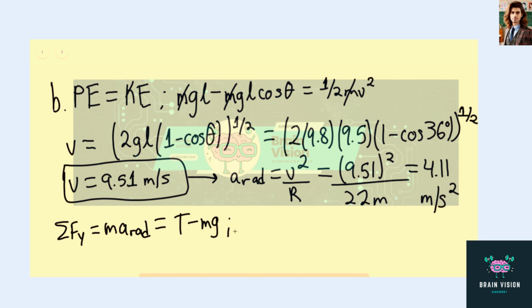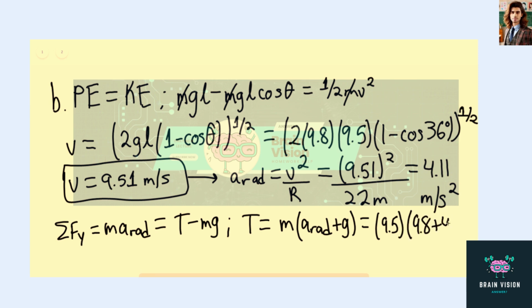And then we can say that tension is simply going to be equal to the mass times the radial acceleration plus gravity. So this is going to be 9.5 kilograms times 9.8 plus 4.11, and we find that the tension force is going to be equal to 132 newtons.